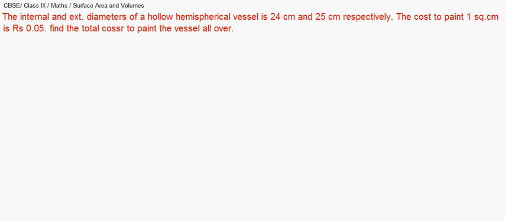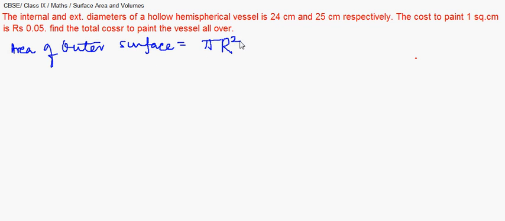So what will be the formula first to be applied here? Outer area will be given by 2 pi R square. I'm taking a capital R there. So like this it would look like.